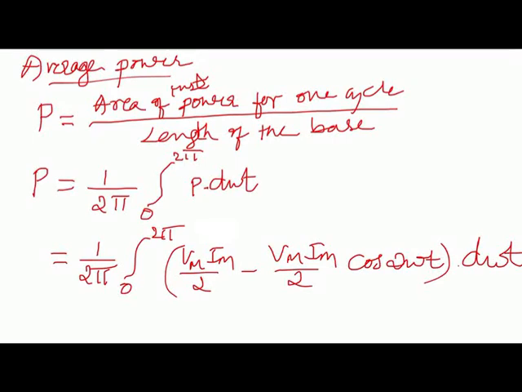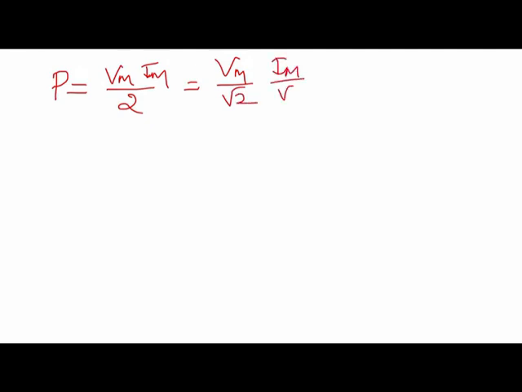Upon integrating and substituting the limits, we get the average power P equal to Vm Im/2.